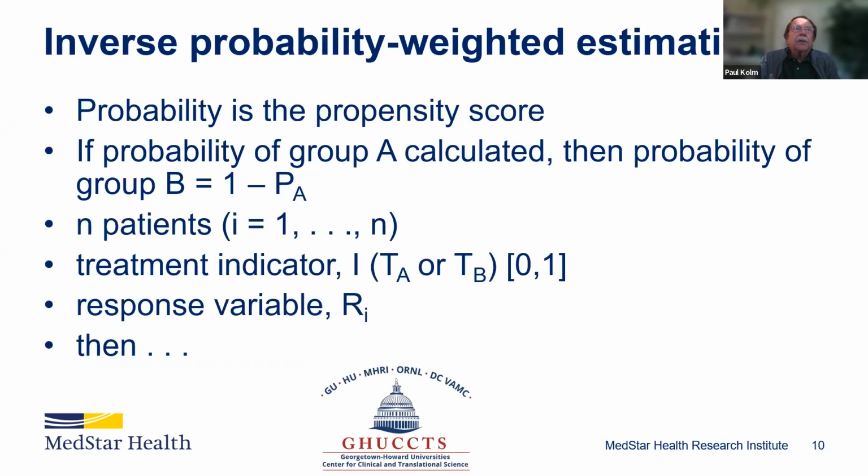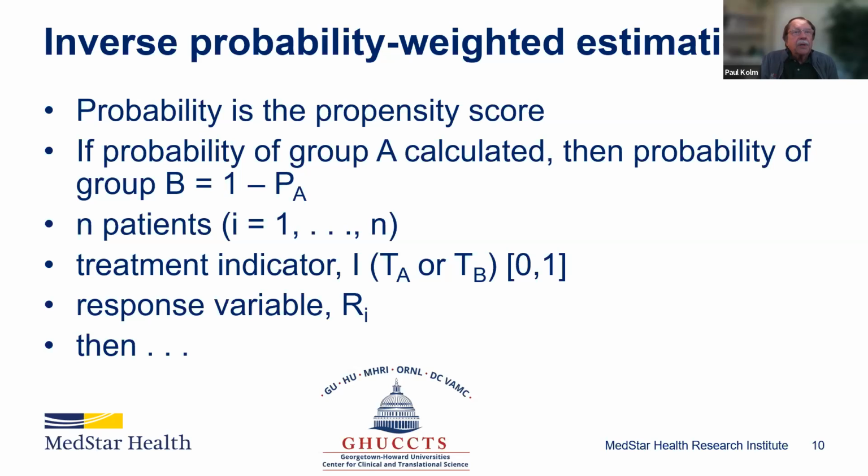The other method is what's called inverse probability weighted estimation, where the probability is the propensity score. And so we get the probability in group A, as I mentioned before. The probability of group B is 1 minus that. And so we have n number of patients. We have the treatment indicator, whether they're in treatment A or B, which is usually coded as a 0 or 1.